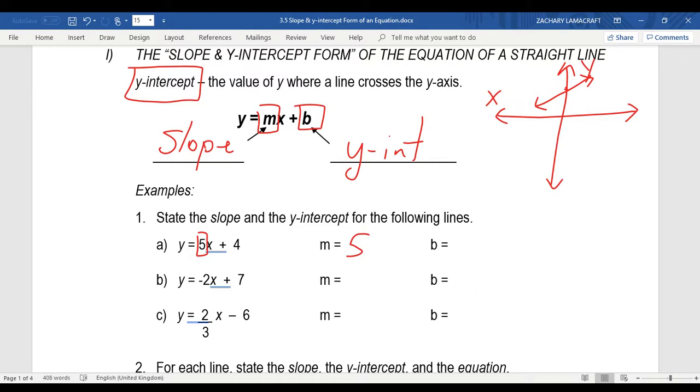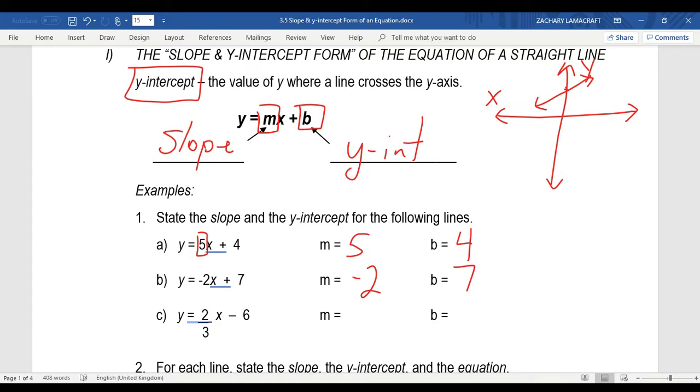Because it's in the place of the m, and the y-intercept, or b, would be 4, or positive 4. Okay. If we had the second example, y equals negative 2x plus 7, what would be our slope? Haley? Negative 2. And our y-intercept? Positive 7, right?